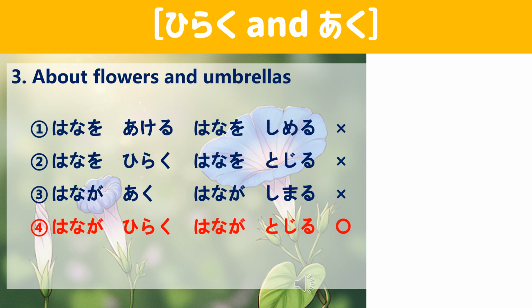About flowers and umbrellas. Flowers' activities are natural phenomena, so transitive verbs cannot be used. Therefore, number 1 and number 2 are not possible. Number 3 and number 4 are intransitive verbs, but in the case of flowers, only number 4 can be used. In fact, number 4 contains the meaning of spreading.